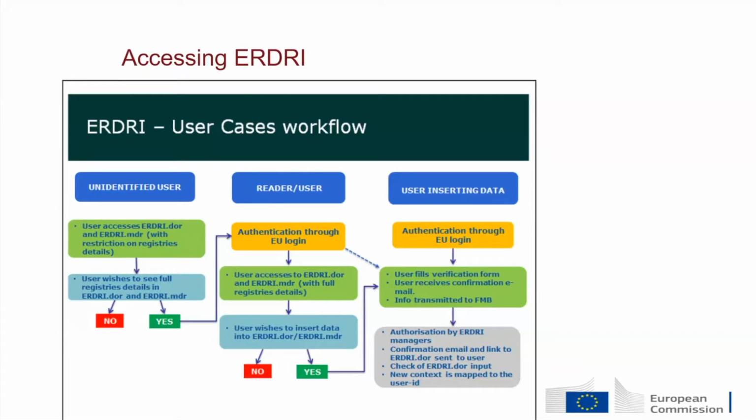The first one is an identified user who can only see a limited number of information, can access ERDRI-DOR and ERDRI-MDR with limited number of information. Then we have the user case reader who can read all information, but this has to be an authenticated user through EU login.